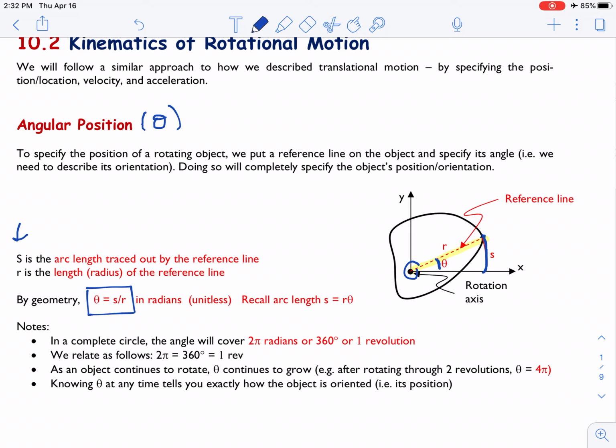Okay, theta is the position, and that is in the form of arc length divided by the radius. And one important thing here is the unit is radians. There are several other units that you can use, and it will be given. If it is not radians, that means you need to do a conversion.